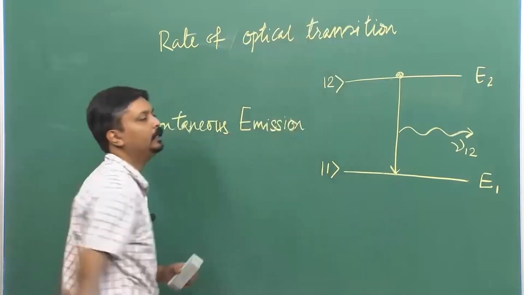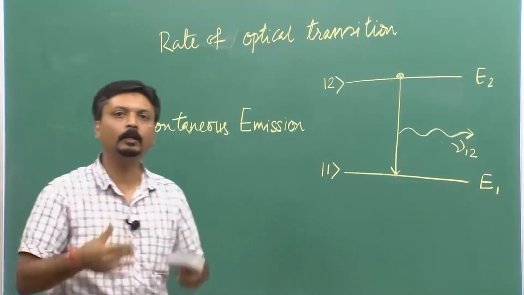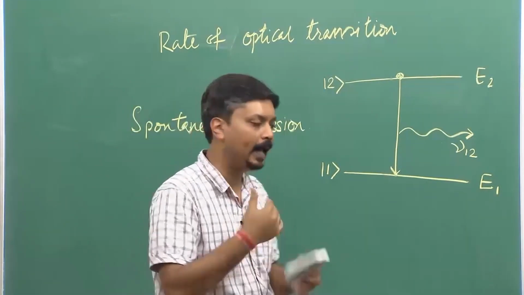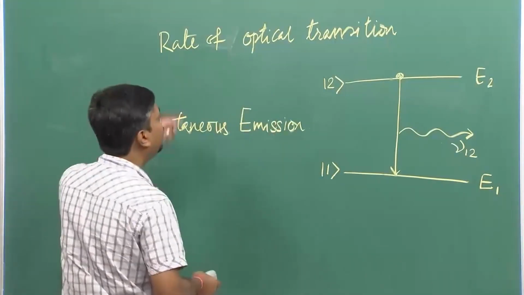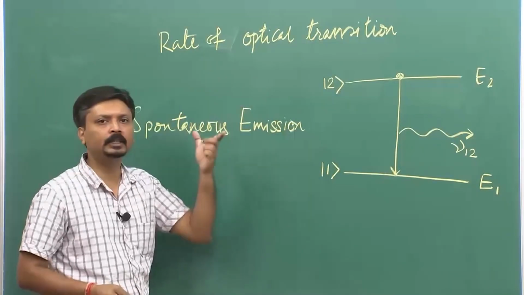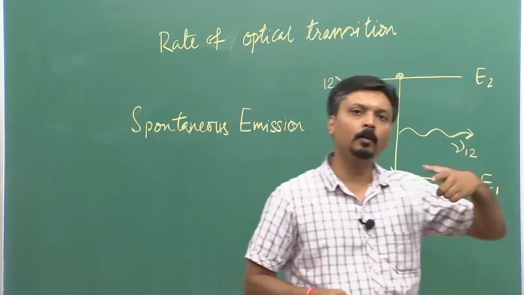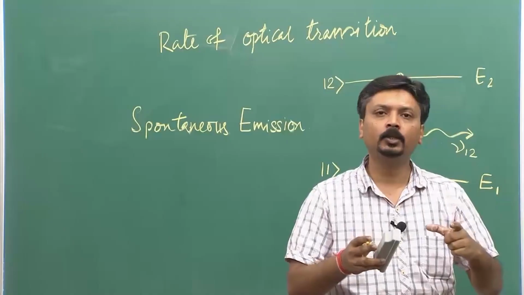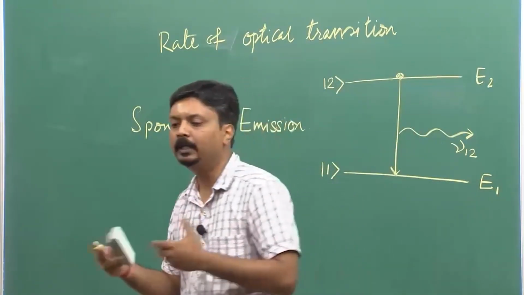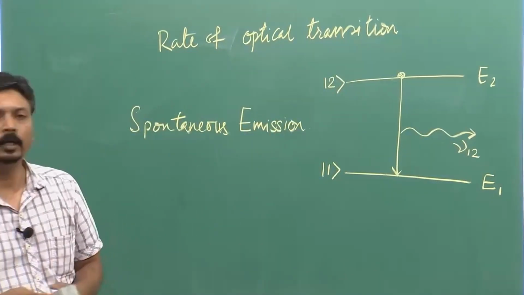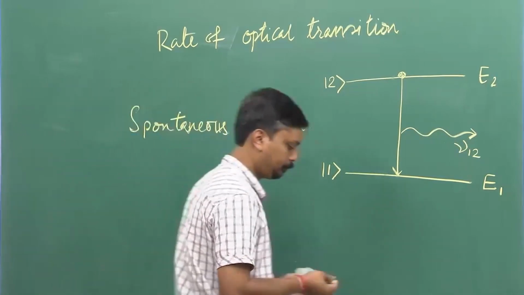Any given optical transition, we need to know at which rate it is happening. Then we will be able to understand these processes a bit more, and also we will be in a condition where we can manipulate this transition so that we can get something useful, something like laser. Okay, we will learn that in a bit.